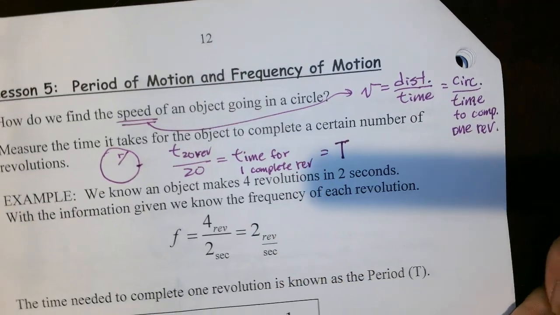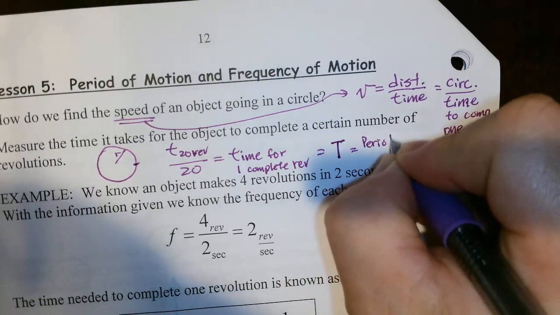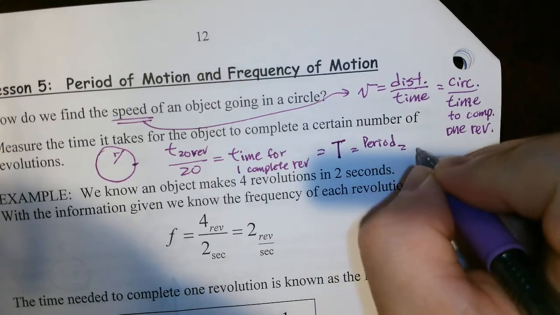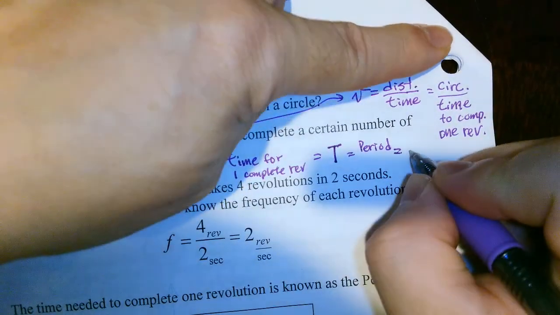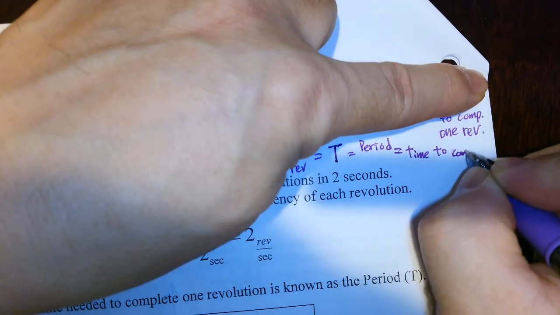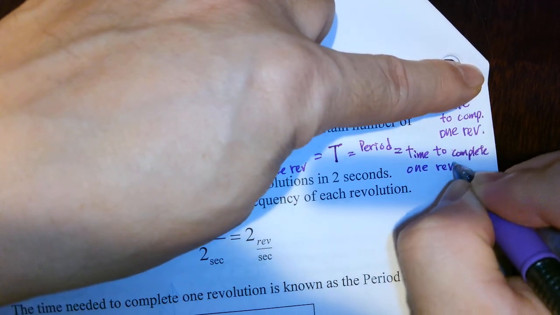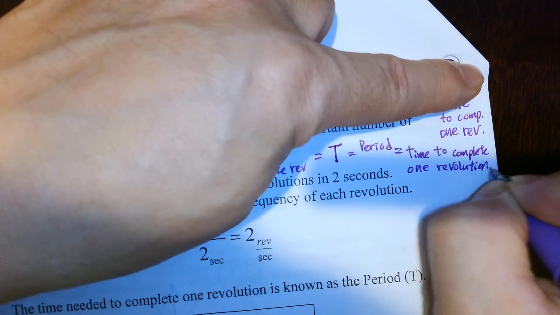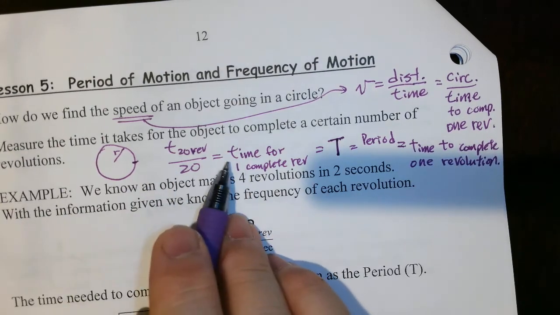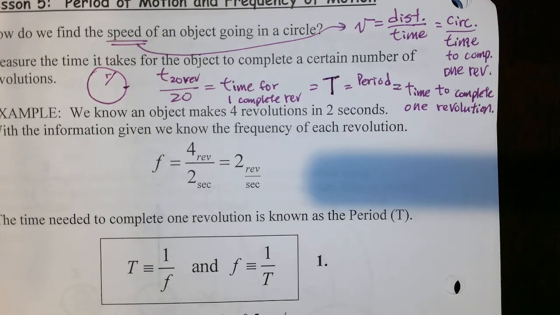Period is represented with capital T, and period basically is the time to complete one revolution. Don't get that confused with regular t, lowercase t. Capital T is different.